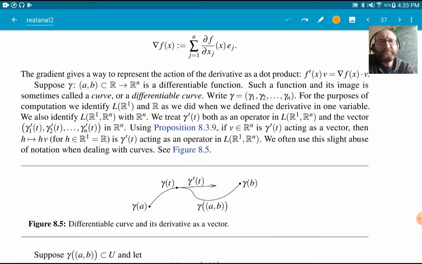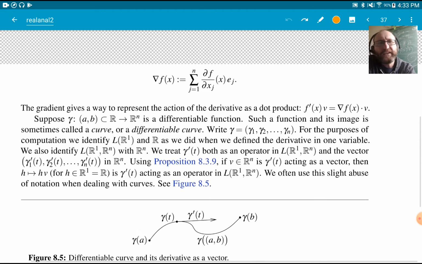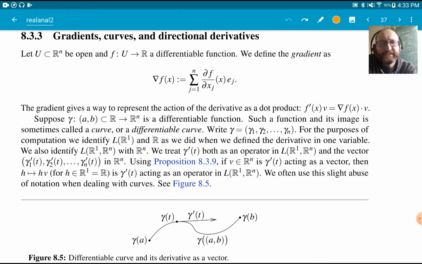All right, so now let's say I have a real valued function, right? Otherwise this gradient doesn't really make much sense, because I would have too many f's if it's vector valued.